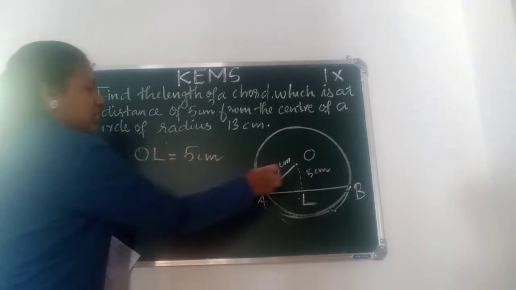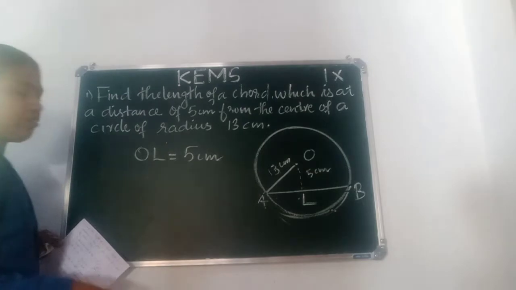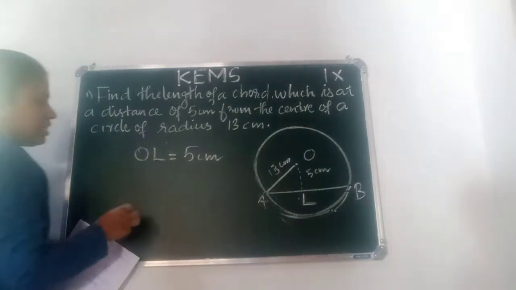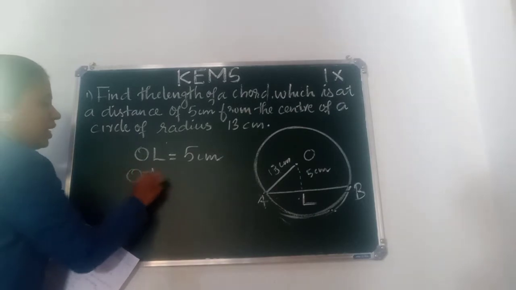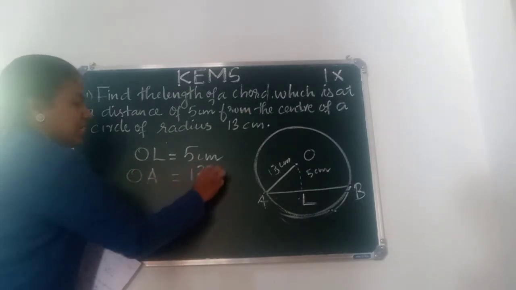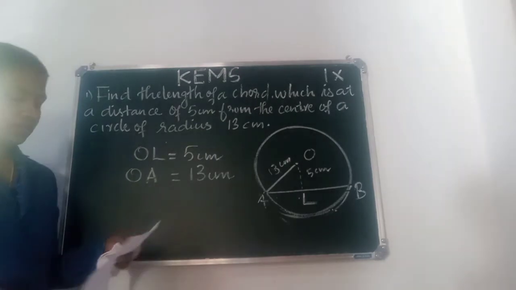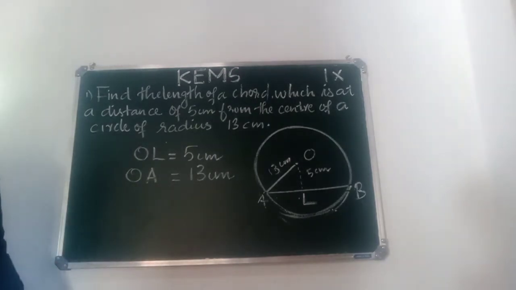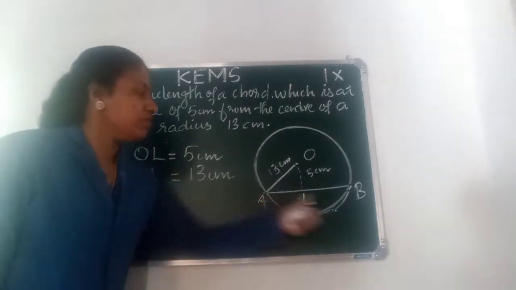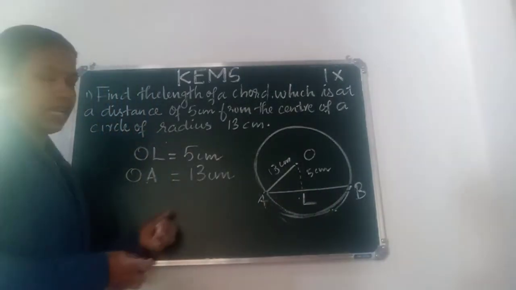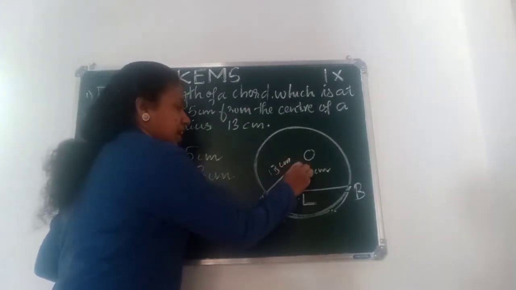It is given in the question, 5 cm away from the center of the circle. So OL equals 5 cm and OA is the radius, 13 cm, given in the question. So find the length of AB. Consider the triangle, this triangle.